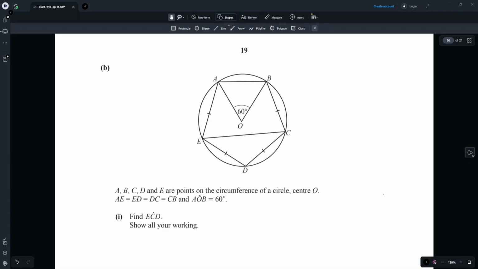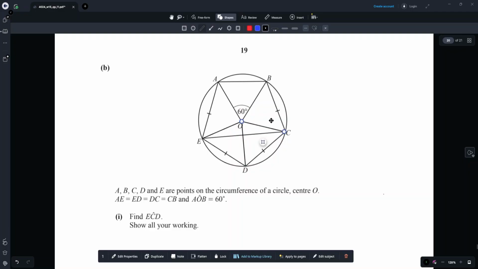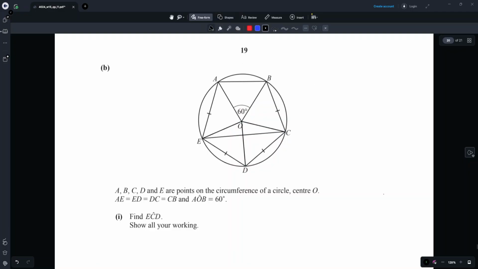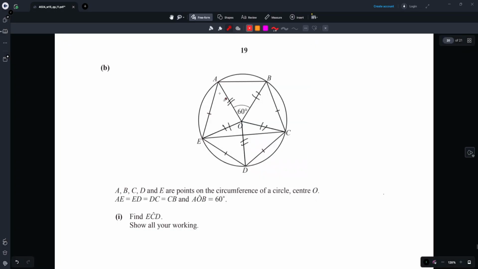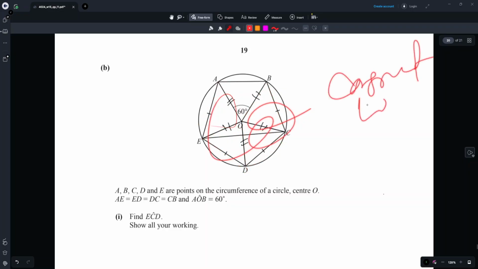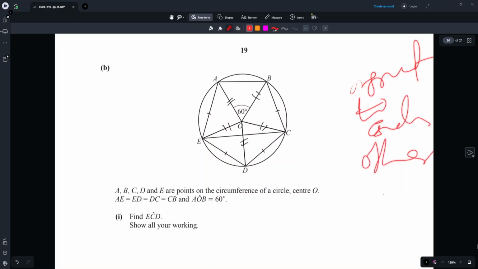If I join these points with a straight line over to the center, not just these points, all of these points, you'll notice that because these two are equal, all of these are equal because it's a radius length, it means that this triangle, this triangle, this triangle, this triangle, all 4 of these are congruent to each other.